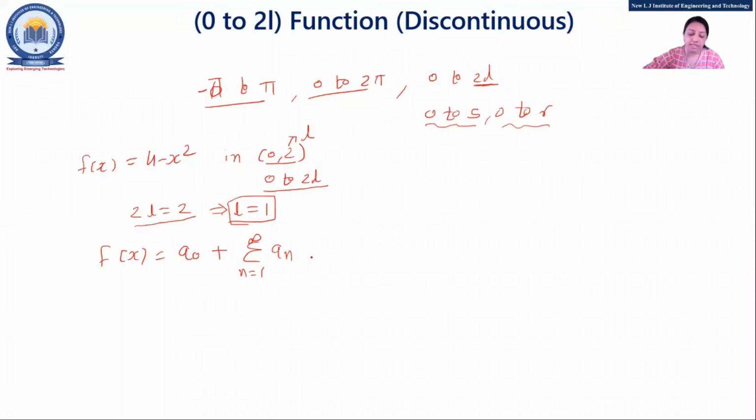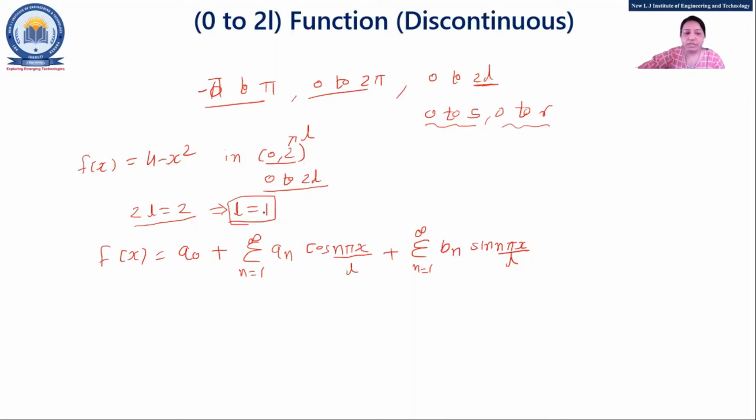Instead of that, here it will be cos, this you need to remember, n pi x by L. Here the term is changed. Plus the sum from n equal to 1 to infinity of bn sin n pi x divided by L. L is only in the division of n pi x, not the whole. So this is my equation of the Fourier series when the interval is 0 to 2L.